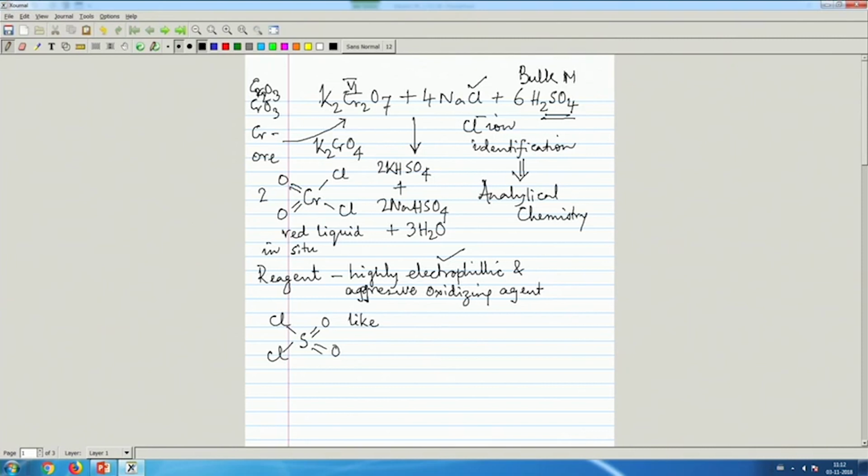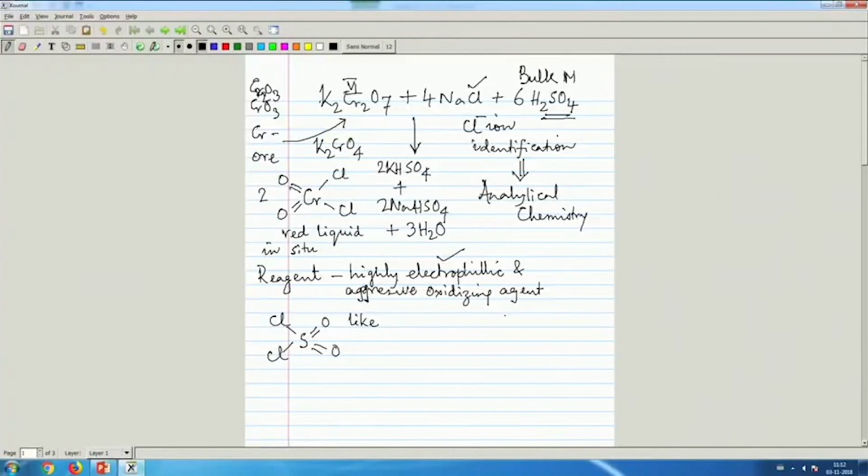Then it can be distinguished from some other salts. There can be an industrial problem where we need the typical identification of the chloride ion in presence of other halides, which are fluoride, bromide, iodide and cyanide.